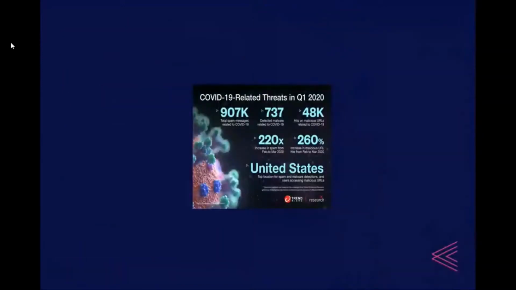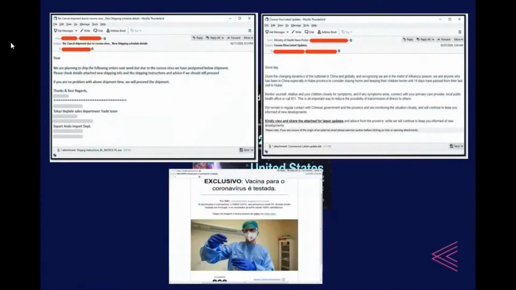Right? So just to give a bit of examples, this is research that was done for the United States, but I think it is still very relevant because it says that just during March, the amount of malicious URLs with COVID-19 related information has more than doubled, two and a half times.